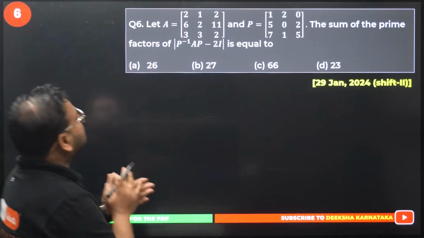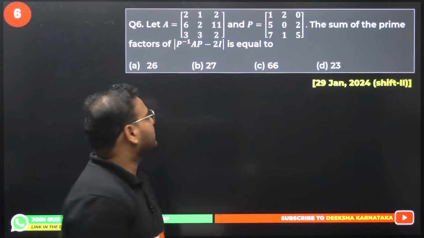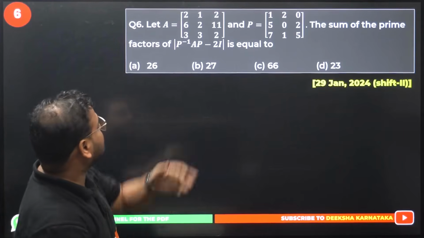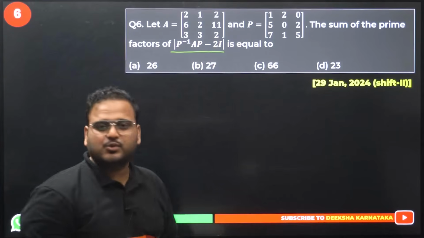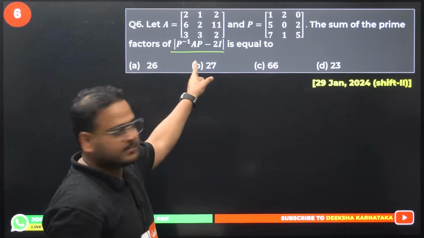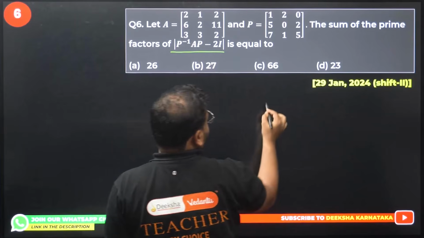So question number 6, they have again given a determinant. They've given a matrix P of order 3 cross 3, and they're asking you the sum of prime factors of this thing. Usually, as students, we start solving the determinant right there, but don't do that. Look at this part first. I'm looking for this determinant, right?